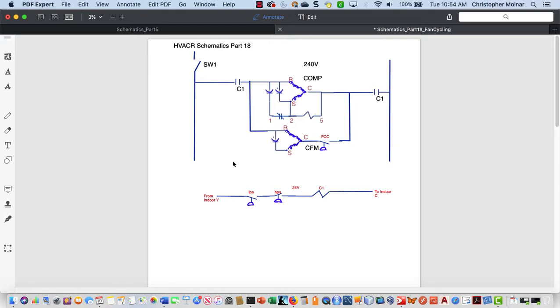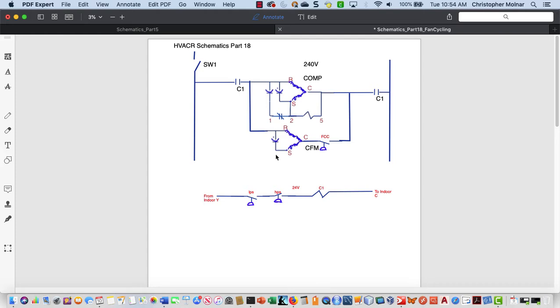So now what we have is a low pressure switch that, when the pressure increases on my discharge line, that's my high side, the switch is going to close and allow my condenser fan motor to run. As the pressure drops, and when it drops below a preset level, my fan cycling control is going to open and shut off my condenser fan motor, allowing those pressures to maintain.